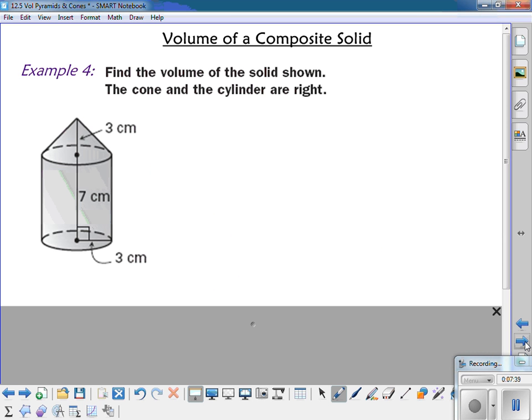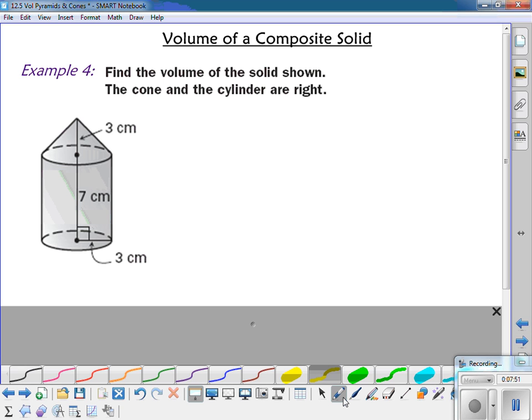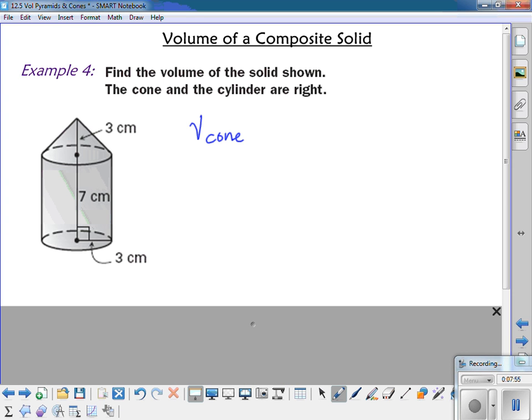All right, so now we'll take a look at some composite solids. With composite solids, you just add the volume of the two parts, or if something is cut out of it, you subtract it. In this particular case, we are going to have the volume of the cone plus the volume of the cylinder.